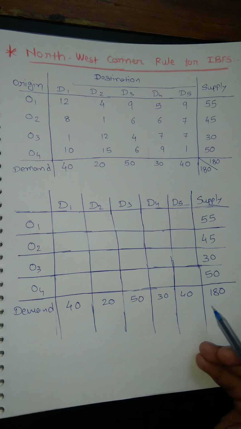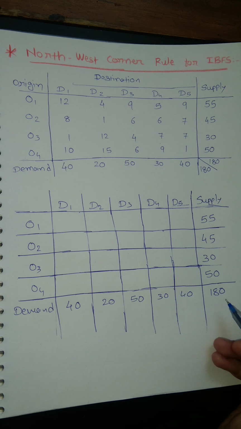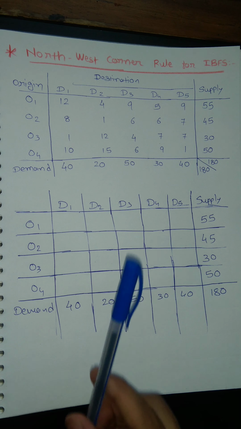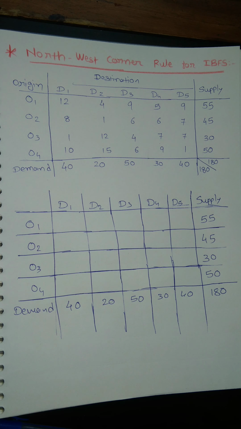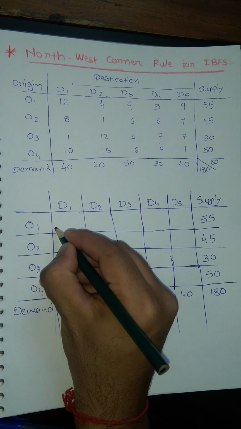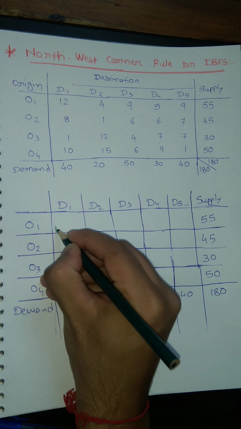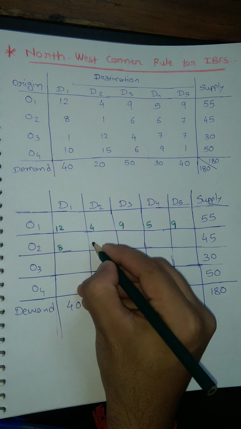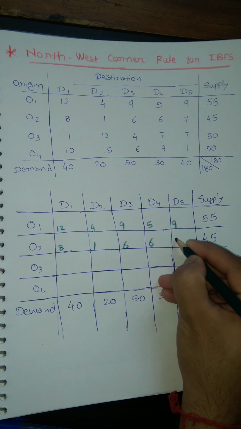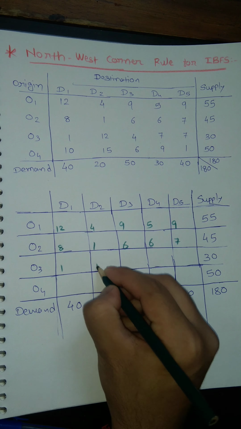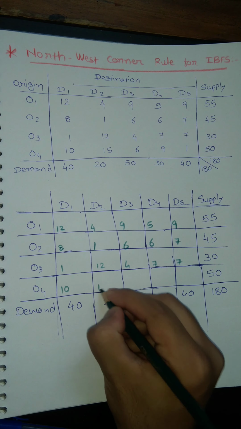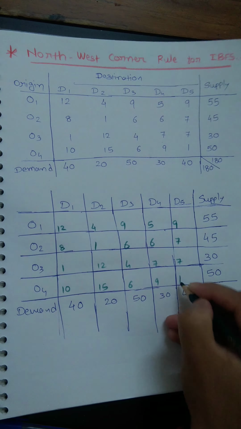Whenever supply is equal to demand, you need to make such a table, and then I'm writing the cost in a different color, copy pasting it as it is: 12 4 9 5 9 8 1 6 6 7 1 12 4 7 7 10 15 6 9 1.